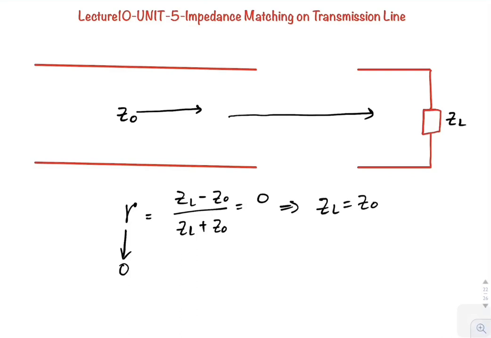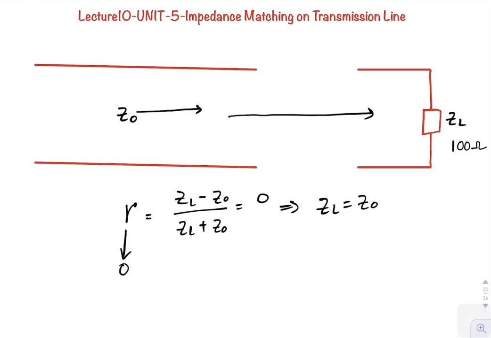But in practice, it is not always possible for us to design our system or load to be equal to the characteristic impedance of the transmission line. Let us say you have an antenna, you designed it for some application, and the impedance offered by that antenna is, let's say, 100 ohms.